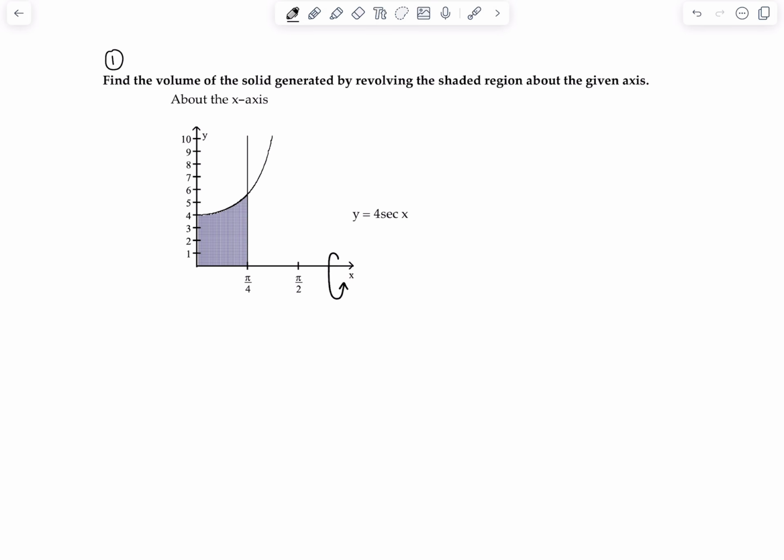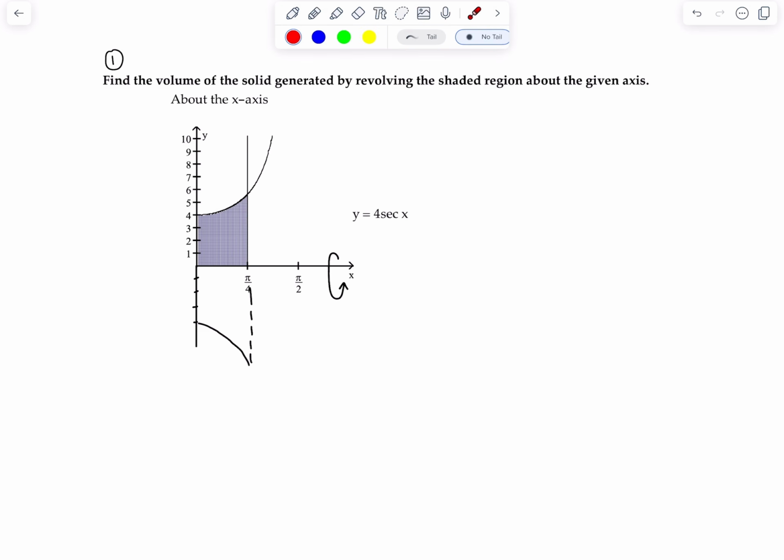So here's the original region. Fabulous. I'm going to do a sketch of the 3D solid that results. So basically just reflect the region over the x-axis and kind of mirror it like so. You can add a little more dimension if you want. Sometimes it gets messy if you add too much.